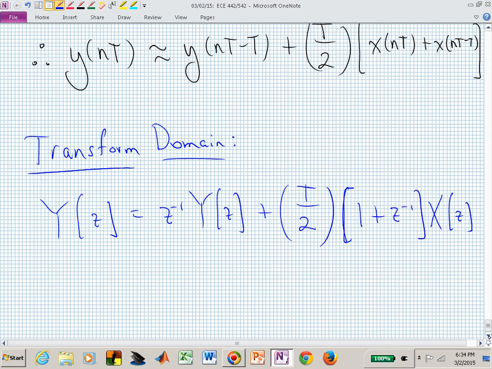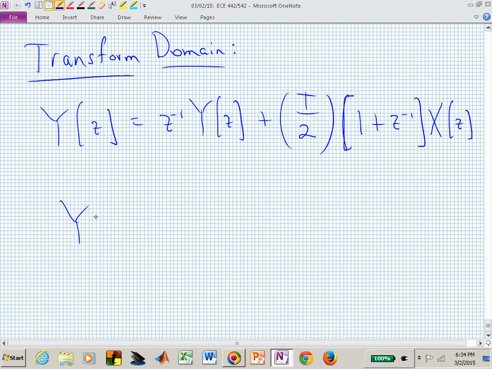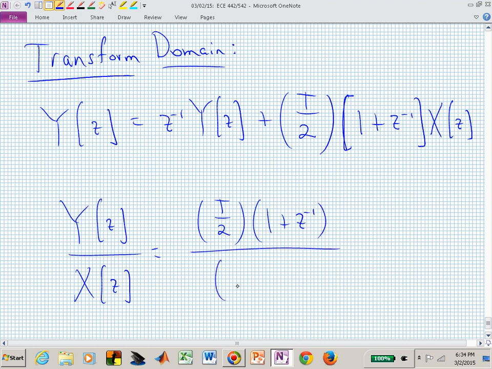And if we now solve for this relationship of Y of z over capital X of z, we now have capital T over 2, 1 plus z to the minus 1 over 1 minus z to the minus 1, which we don't typically like to work with z to the minus 1s. We now have T over 2, z plus 1 over z minus 1.